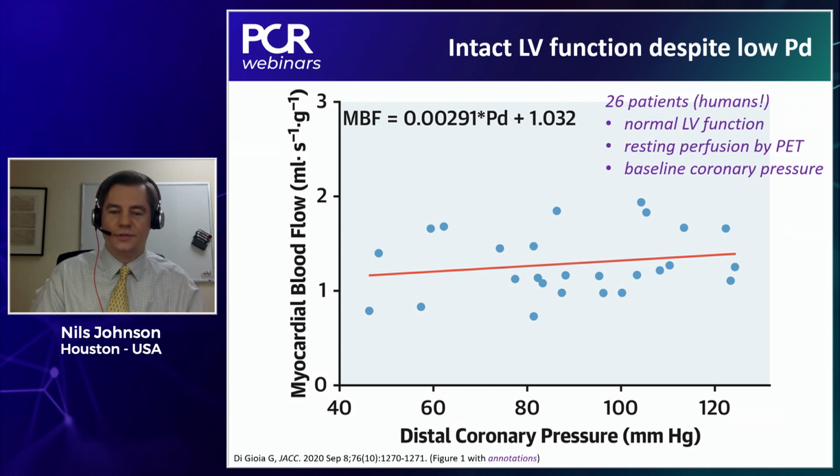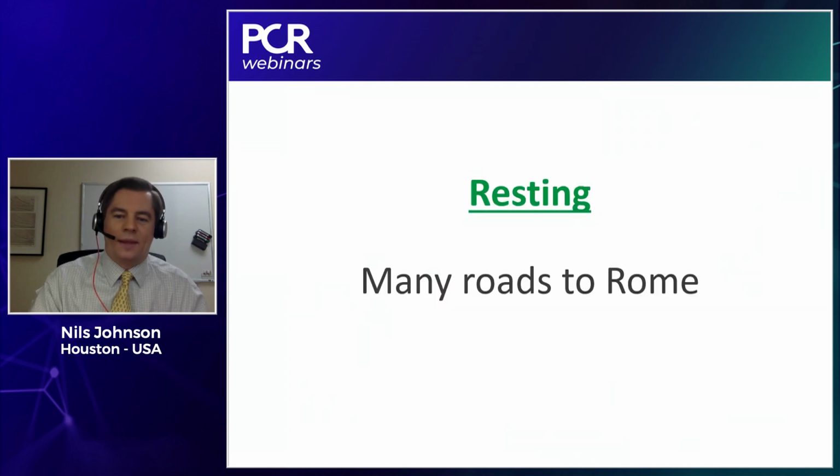And again, here too, you see over a wide range of distal coronary pressures, all the way from just over 40 up to about 120 millimeters of mercury, coronary blood flow normalized for mass, so milliliters per second per gram of tissue, remains constant.